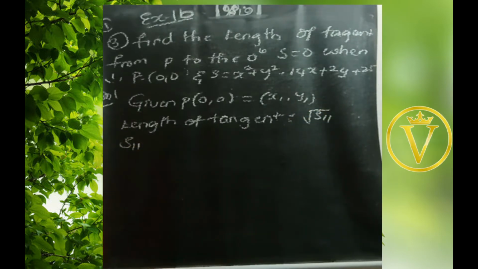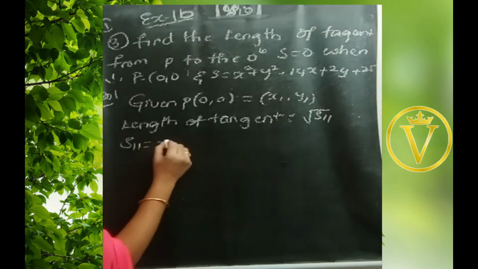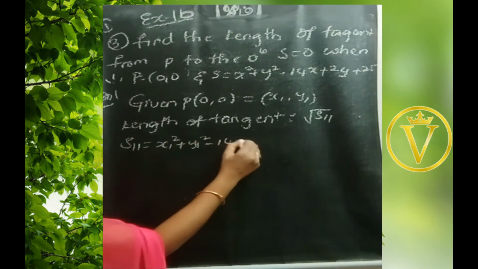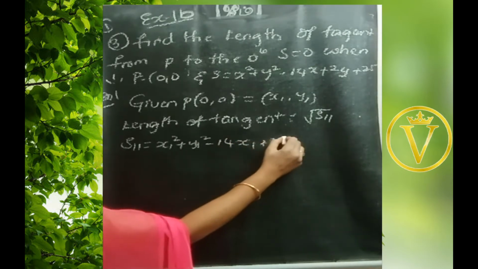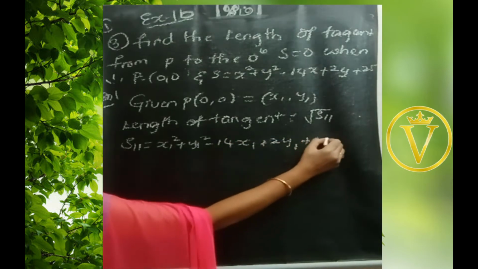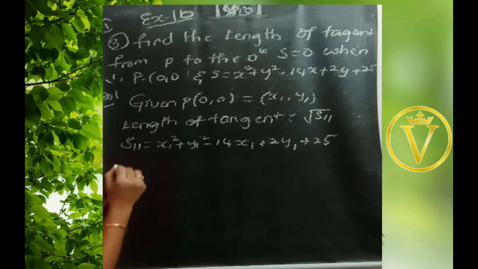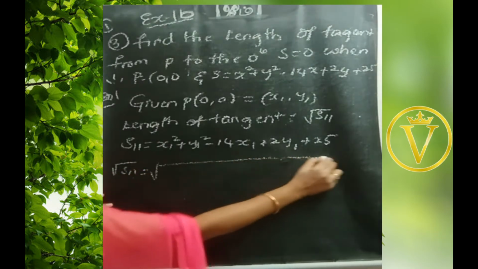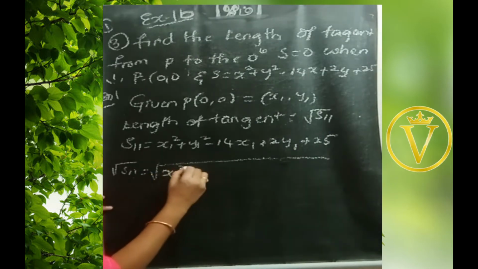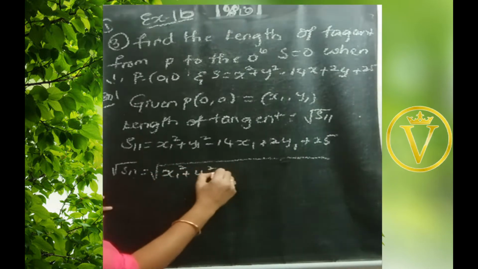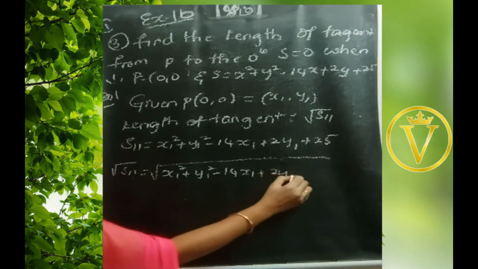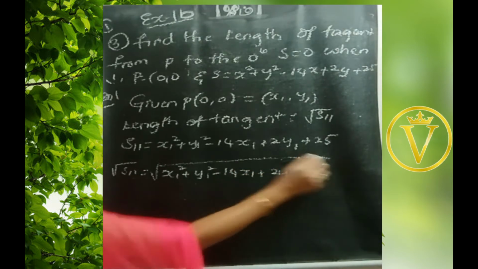So first find S11: x1 square plus y1 square minus 14x1 plus 2y1 plus 25.